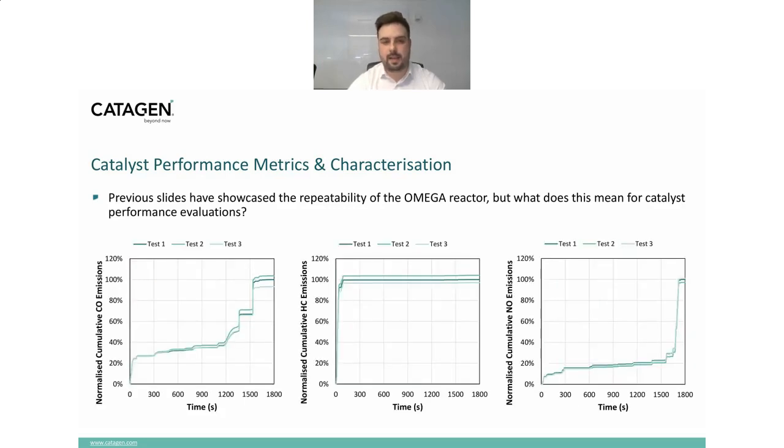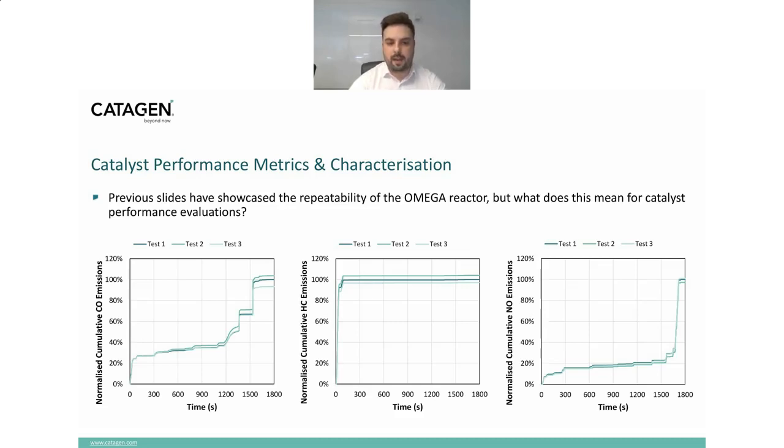The last area then that I looked at in terms of how the catalyst was performing was cumulative emissions. So this actually tells maybe a little bit of a different story, and I'll touch on this over the next few slides. On the left-hand side, again, we have cumulative CO emissions. All figures here are normalized to the average cumulative emissions for each species, so CO average to average CO and so on.